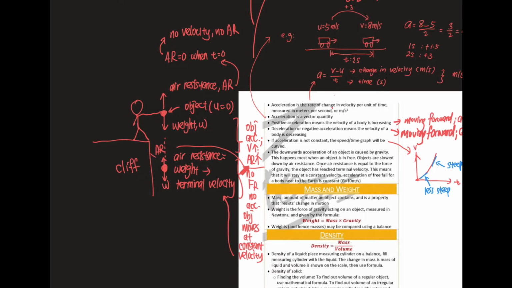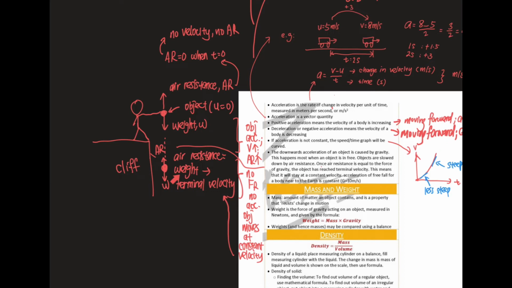The faster the object, the greater the air resistance. So it comes to a point where the air resistance is equal to the weight, when the object is fast enough, right?